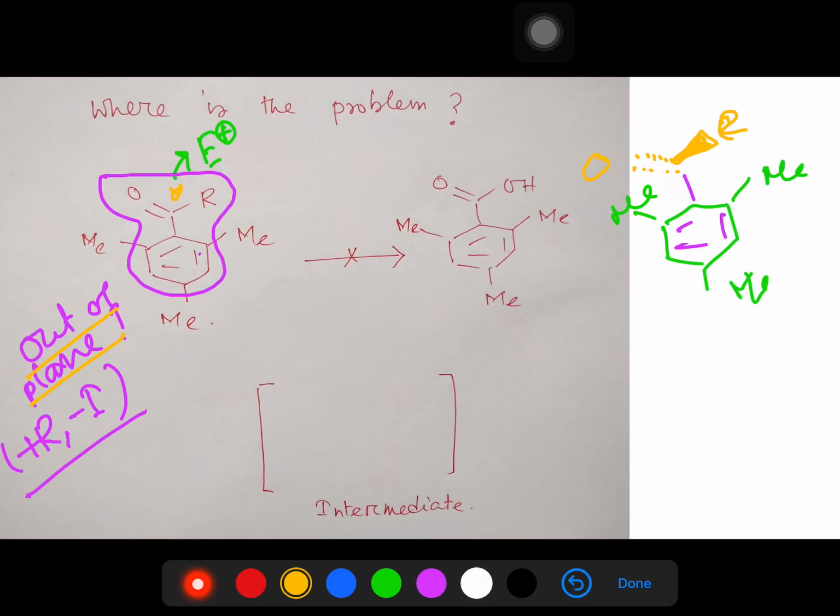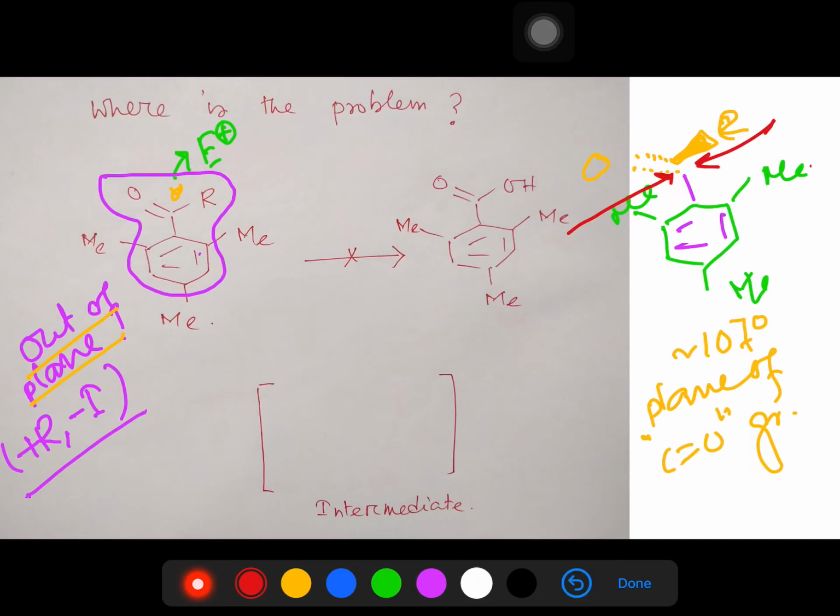Now how can nucleophilic attack happen? Nucleophilic attack can happen at around 107 degrees with respect to the plane of the carbonyl group. Okay, 107 degrees to the plane of the carbonyl group. Remember this statement. So this plane, this is above and below. Now if any nucleophile wants to attack, it needs to attack from either this side or this side, where these two methyl groups are present, which will result in steric hindrance.